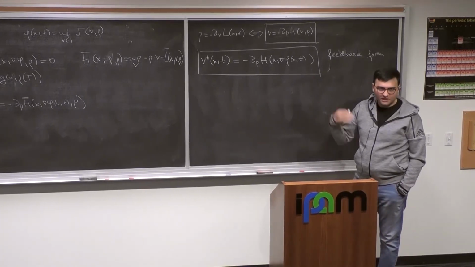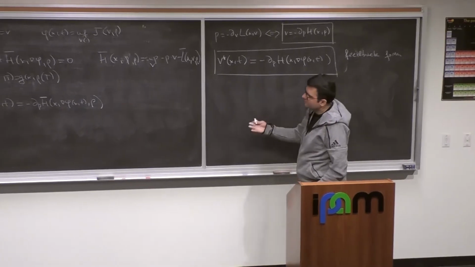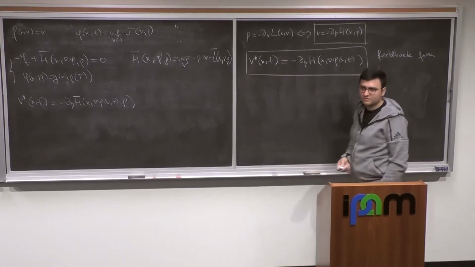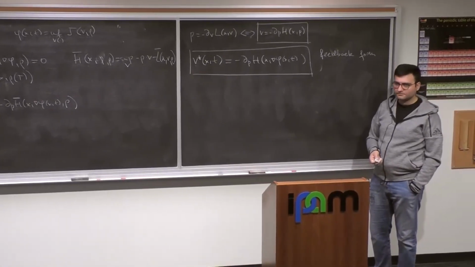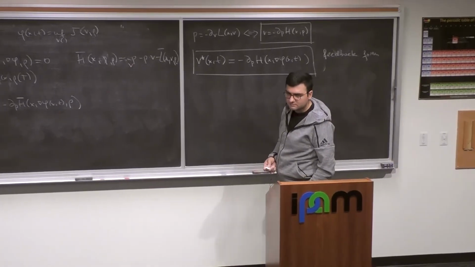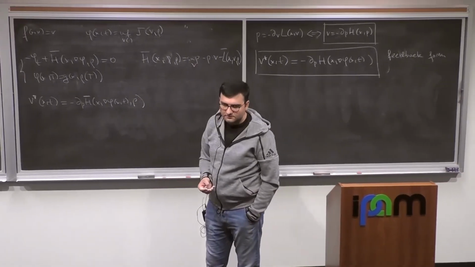I'm just applying the theory from before, because once rho is fixed, this is just a simple optimal control problem, and this V is somehow the best V.